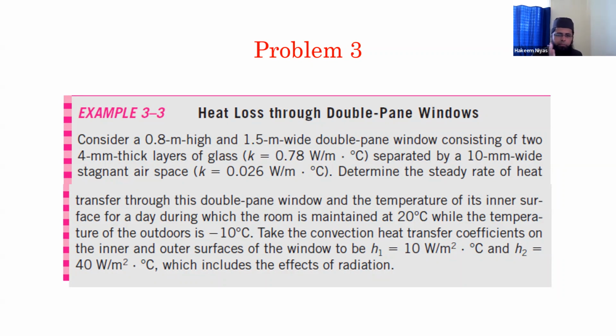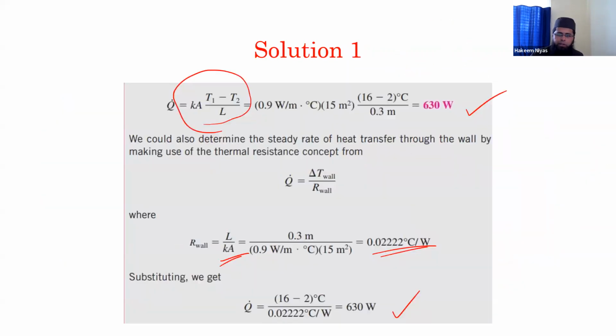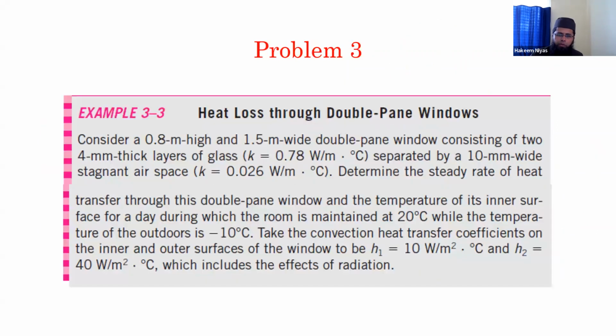The third problem is that the window size is the same, but we are going to use two such windows, and the thickness of the windows is reduced by half. In the previous problem, we had an 8 millimeter window. Now we have a 4 millimeter window, but we have two.